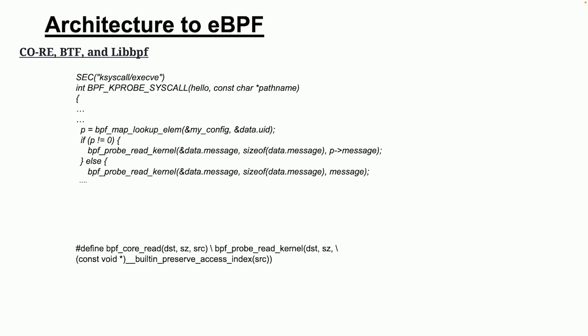The difference is that it calls bpf_probe_read_kernel, but with a macro assigned to it, which is __builtin_preserve_access_index. Based on this attribute, the compiler not only creates the bytecode for your BPF instruction, but also creates a relocation entry containing the BTF format for that particular source.